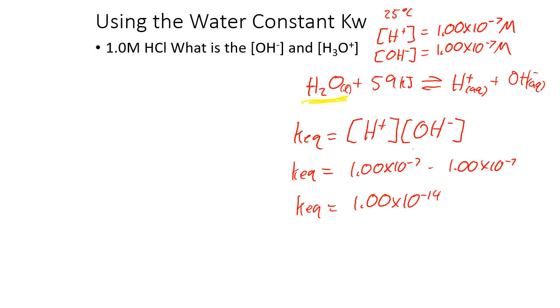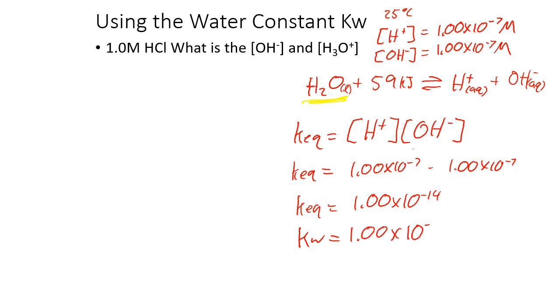Now, water's a very important thing for solution chemistry, for acid and base chemistry. So instead of calling it KEQ, we actually end up calling it KW. But essentially, it is exactly the same as KEQ.